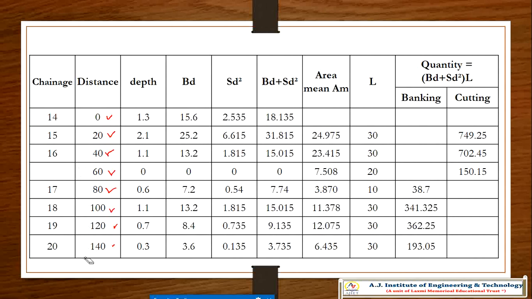Only a little change in the problem: 180, just check here, 180. Now I have clarified: 0, 30, 60, and you know that the banking will be up to 20.